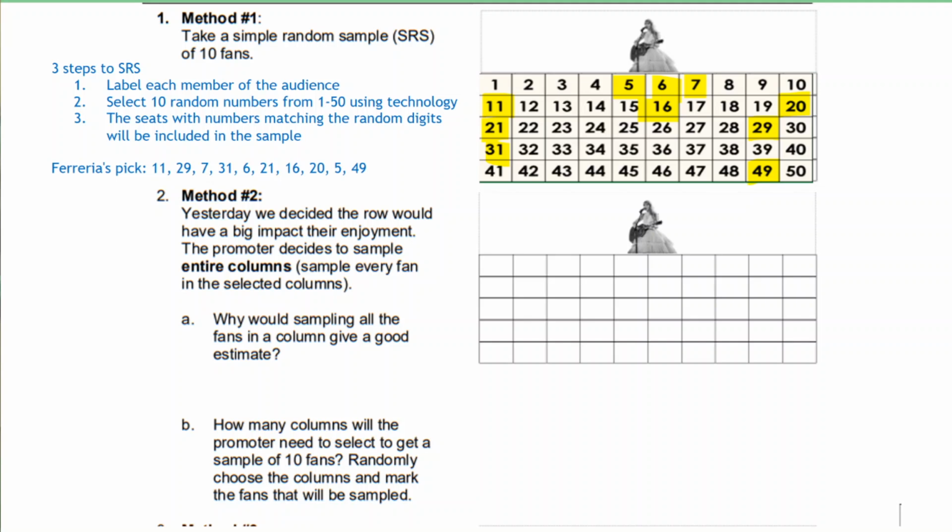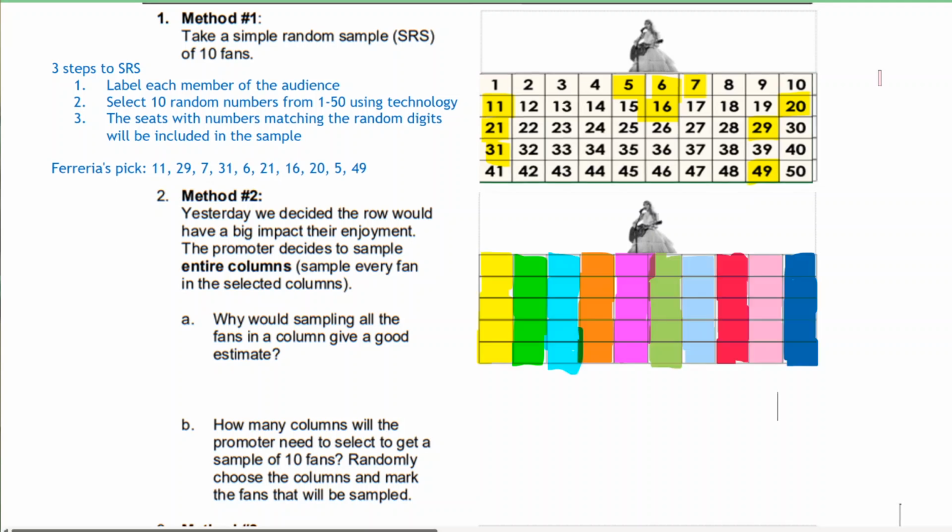So what are the clusters going to be? Well, we're going to paint every column a different color like we did here, and each one of these columns is going to be a cluster. So to reiterate, if we choose the yellow column over here, every person in the yellow column is going to be included in the sample.